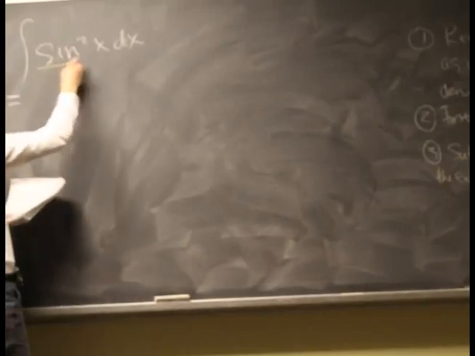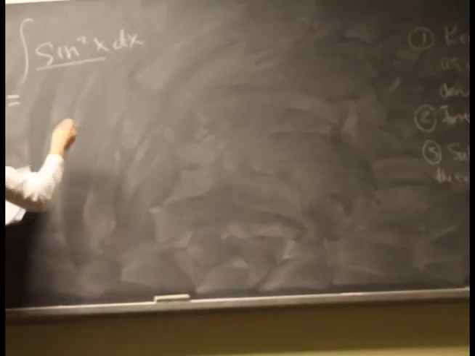So when you encounter something like this, directly using one of these identities doesn't really work very well because it gives you 1 minus cosine squared, which is still an expression of this form, and it doesn't really tell you anything further.